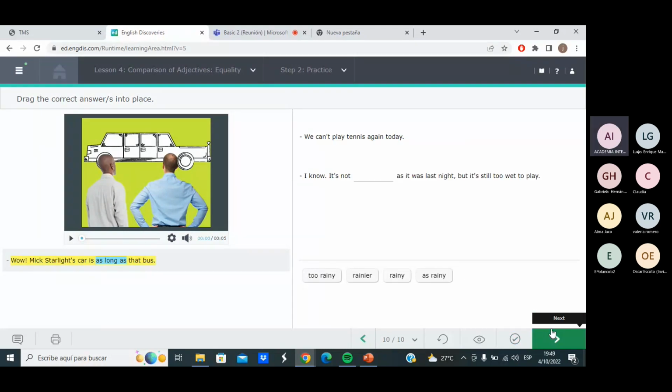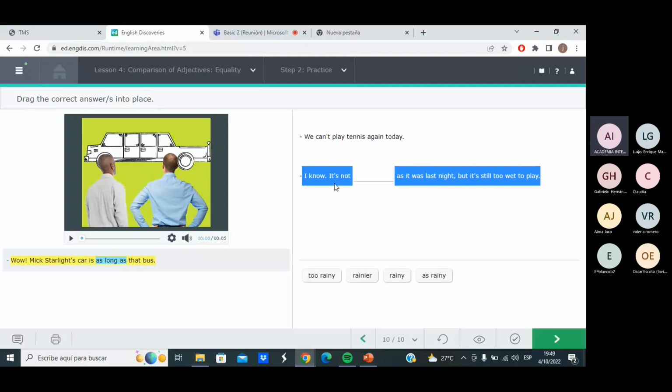And this is the last one. We cannot play tennis again today. So now, can you read the whole sentence? And you're going to read what is missing as well. We can't play tennis again today.